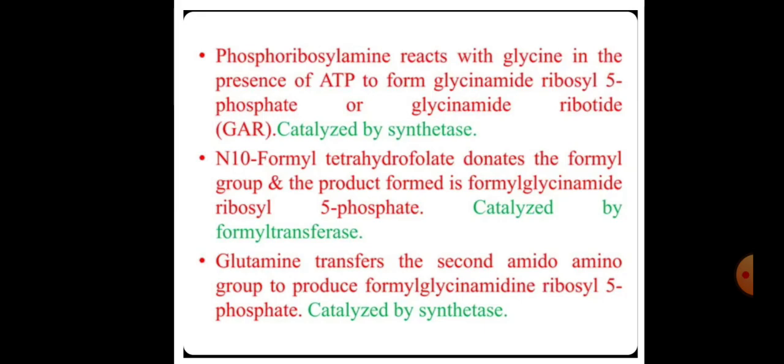Then N10 formyl tetrahydrofolate donates the formyl group, and the product formed is formyl glycinamide ribosyl 5-phosphate. It is catalyzed by formyl transferase, and glutamine transfers the second amino group to produce formyl glycinamidine ribosyl 5-phosphate, which is also catalyzed by the enzyme synthetase.